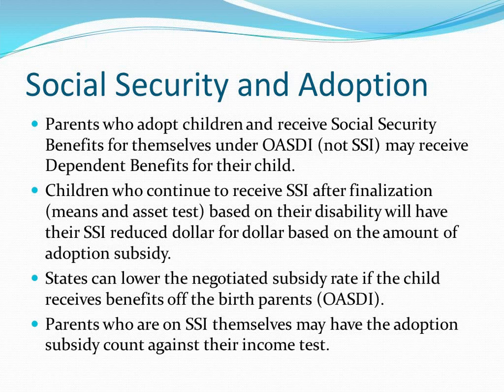sometimes parents' income and assets might be low enough that the child could still get SSI after finalization. If that happens, like the Down syndrome child I was telling you before, if my income and assets were low enough, and that's pretty low, I can't add the subsidy dollars and the SSI together. SSI will be reduced dollar for dollar by the adoption subsidy amount.